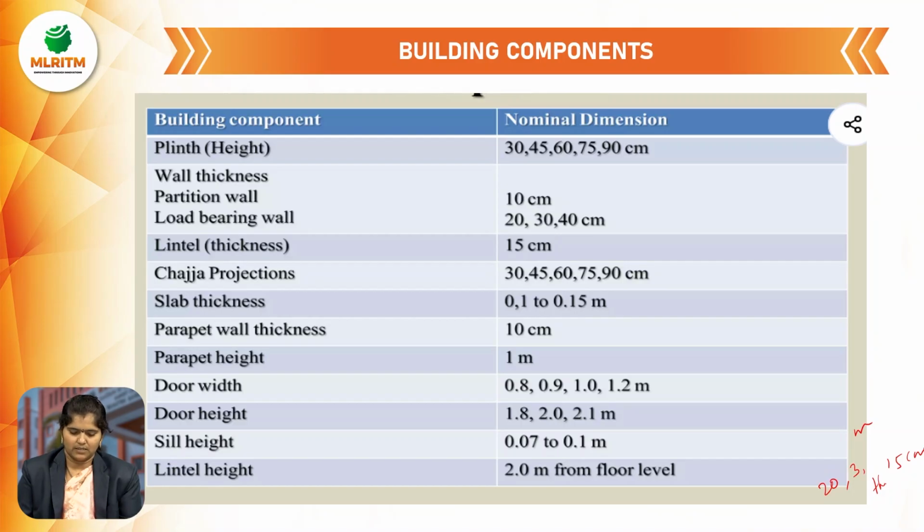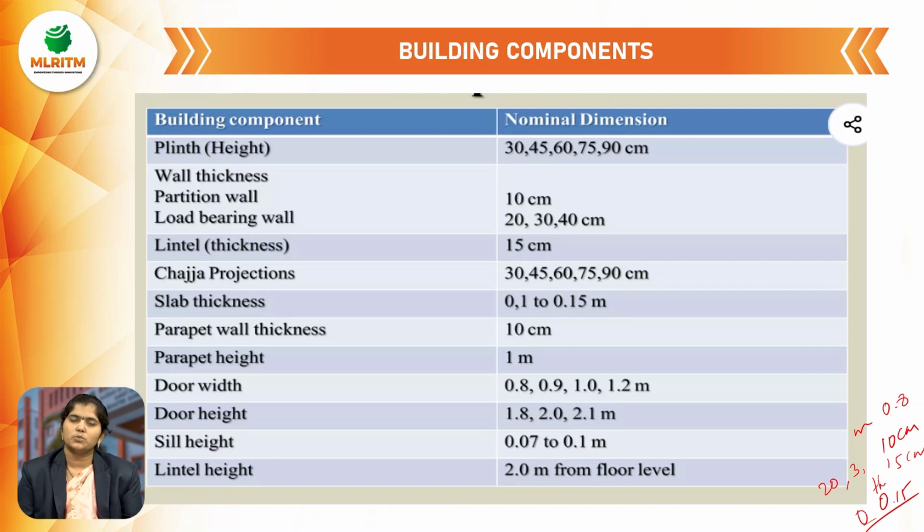We decide the dimensions. Slab thickness 0.1 meter to 0.15 meters. Parapet wall thickness 10 centimeters. Parapet height 1 meter. Door width 0.8 meters, 0.9 meters, 1 meter, and 1.2 meters.